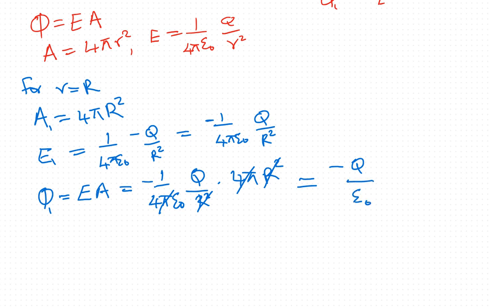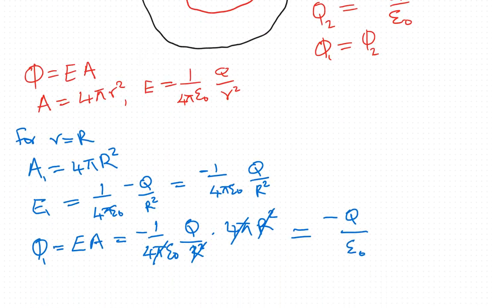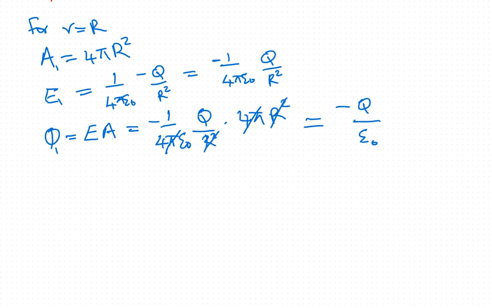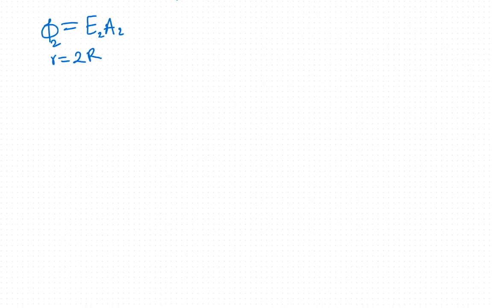Now in the case of the second one, which is the flux with radius 2R, let's solve that. Flux 2 is equal to E2 times A2, where the radius is now 2R. The area is equal to 4 pi r squared, but in this case our r should be 2R.